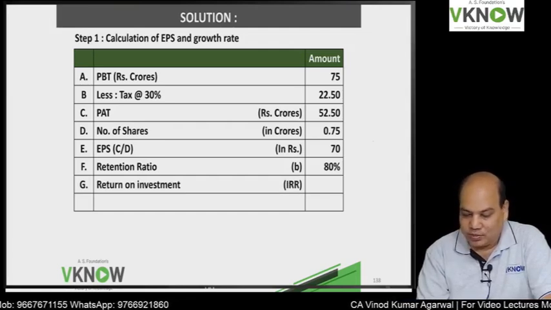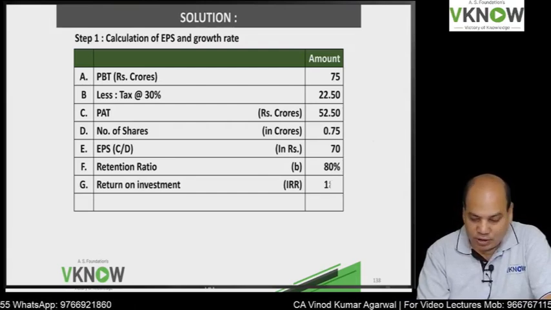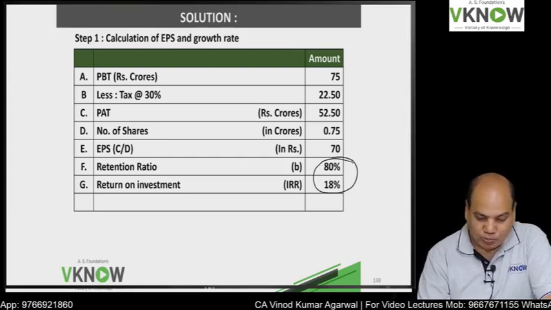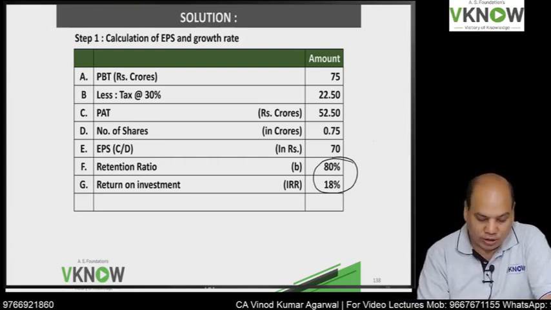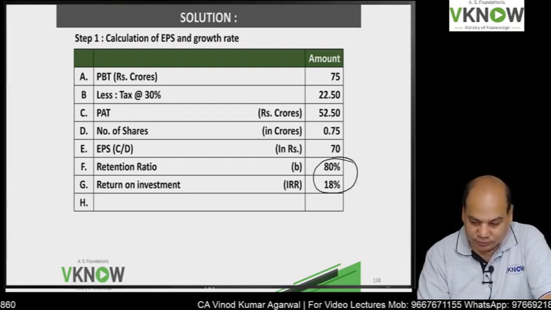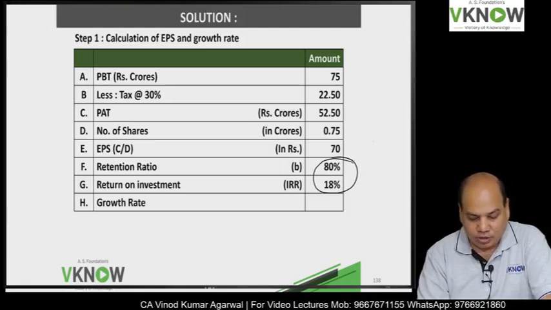What is return on investment in the problem? Return on investment is given in the 4th line. Is it 18%? What will you get if you multiply these two? B into R. Growth rate. Very good. Priyanka is also right. Rishabh is right. So my question is, what is growth rate?